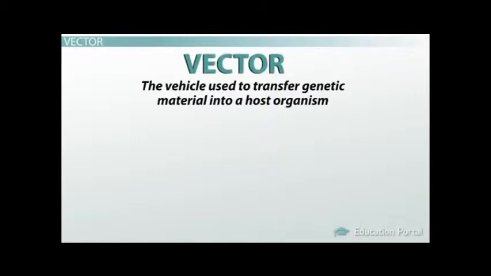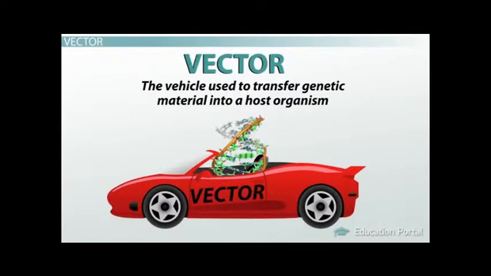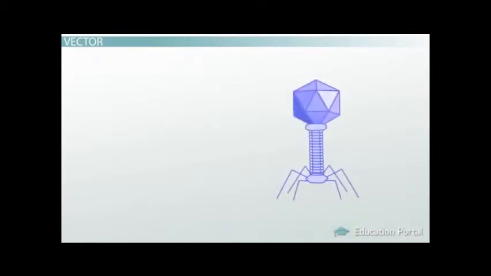The vehicle used to transfer genetic material into a host organism is called a vector. Scientists typically use plasmids, viruses, cosmids, or artificial chromosomes in genetic engineering experiments. Let's discuss how a few of these vectors work. If you recall the biology of a virus, you can probably imagine how it could be used in a genetic engineering experiment to shuttle DNA from one organism to another.